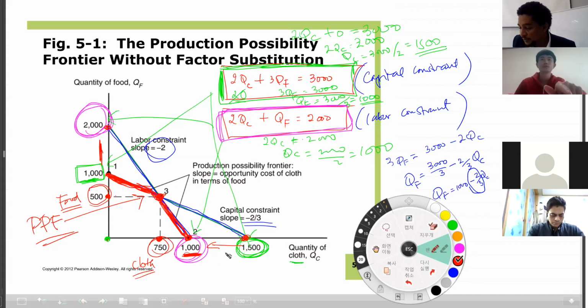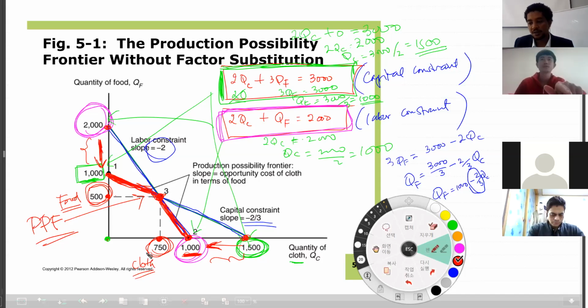So there is a difference here, from 2,000 to 1,000, from 1,500 to 1,000. This is the amount that we are sacrificing in order to produce this amount of clothes and food at optimal utilization of capital and labor.